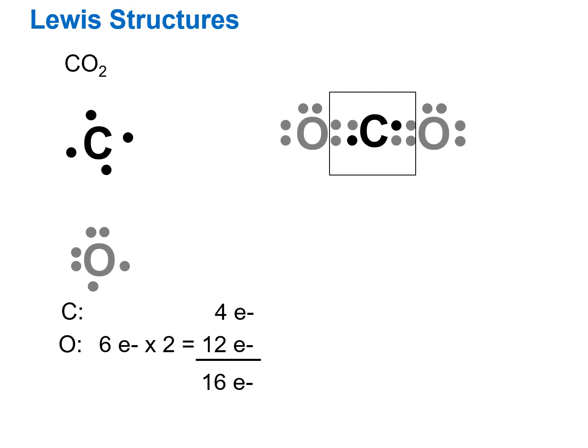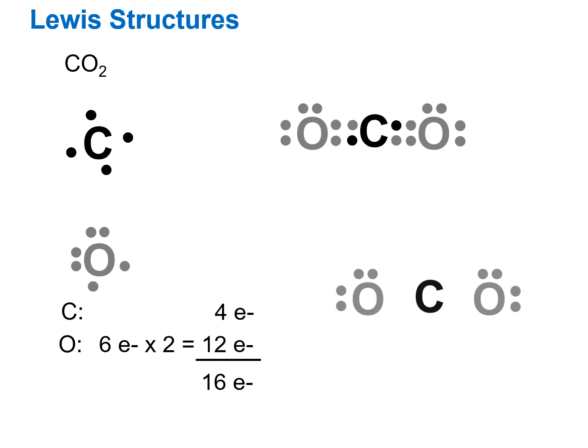What do 4 electrons represent? 2 bonding pairs. And the same thing is true between carbon and the oxygen on the right. So we could redraw this structure and put in a couple of lines here and a couple of lines there. And this is how carbon is doubly bonded to oxygen. This is what Lewis predicts, and it works. Hallelujah.